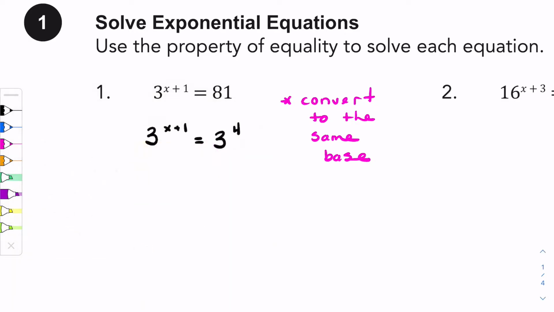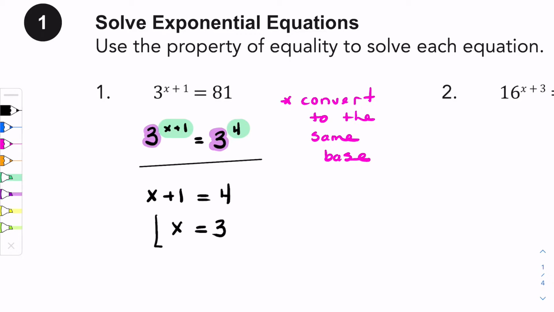And once you have the same base, in this case the base is 3, you can set your exponents equal. X plus 1 is equal to 4, and when you subtract 1 from both sides, x is equal to 3. You can substitute this back into the equation and check to make sure it comes out to be true.